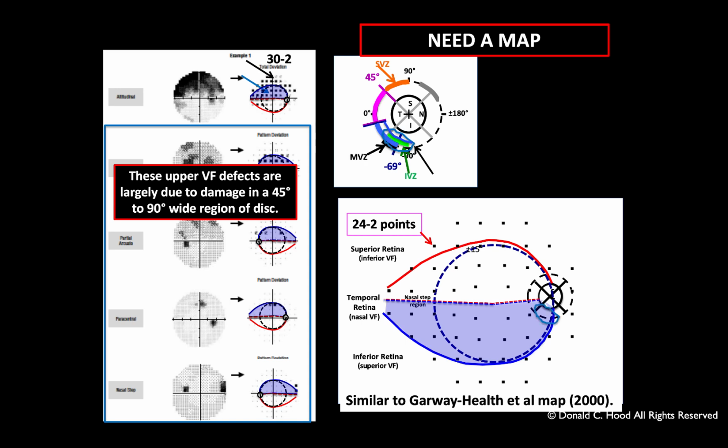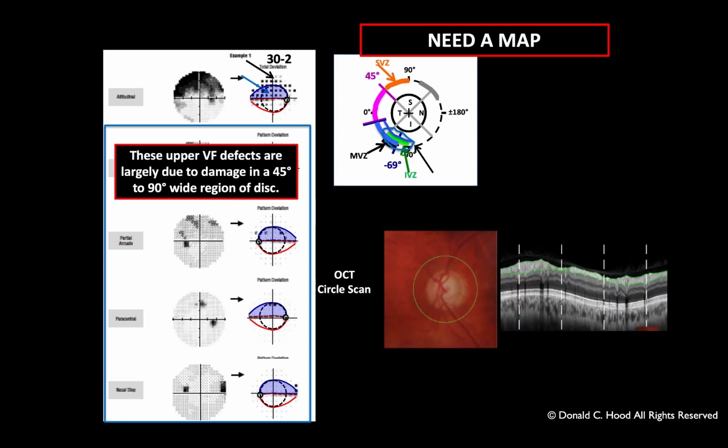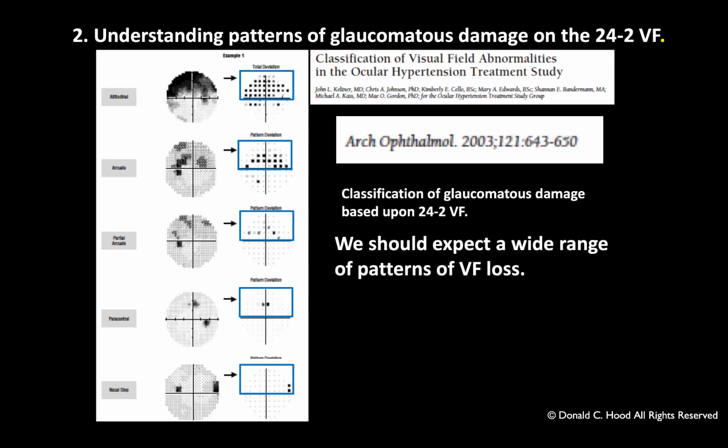And there's your macular vulnerability zone. So again, you get all the different variety of defects due to damage in this one region of the disc, right there. So what are the implications?